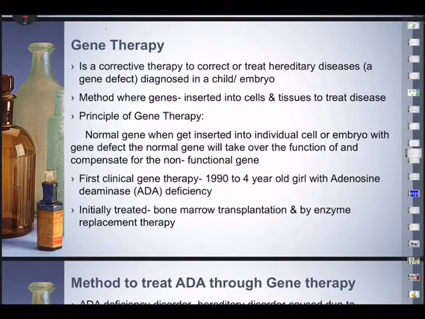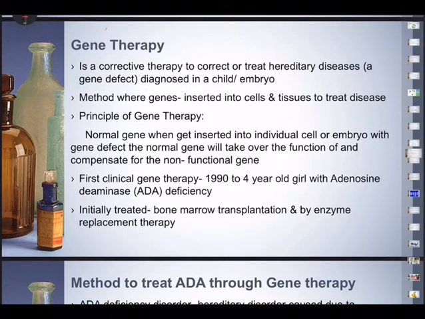We extend this scope in biotechnology to other incurable diseases, and that is called gene therapy. By using a suitable gene, we are able to cure certain incurable diseases through gene therapy. It is a collective therapy to correct or treat hereditary diseases, a gene defect diagnosed in a child or embryo.